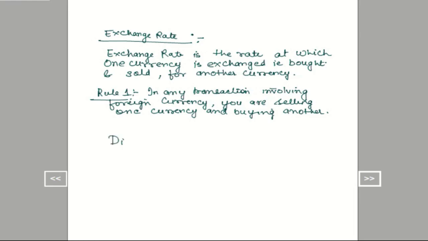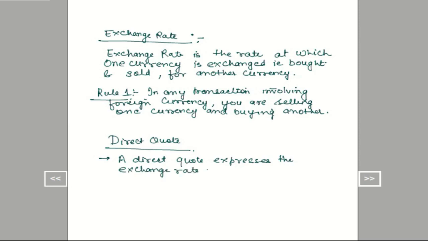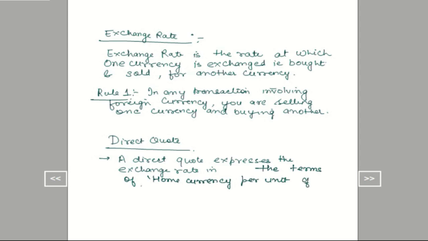Next concept, direct quote. A direct quote expresses the exchange rate in terms of home currency per unit of the foreign currency.